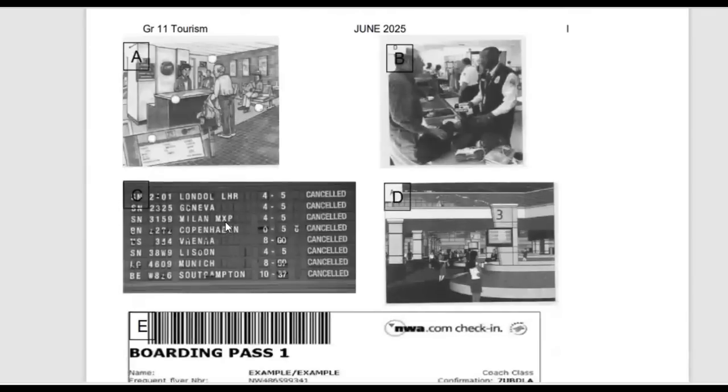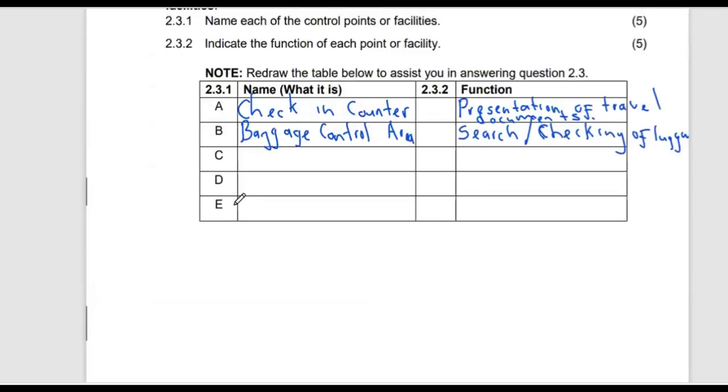Then when you look at the next one, which is C, that is the information display board. It is responsible for giving flight information.